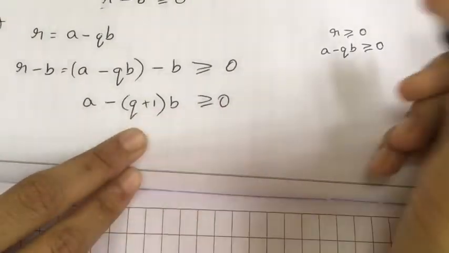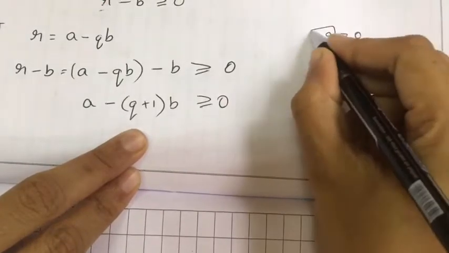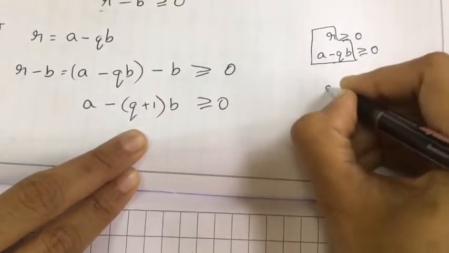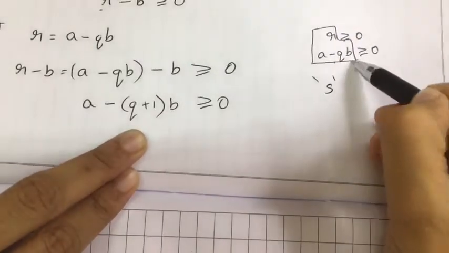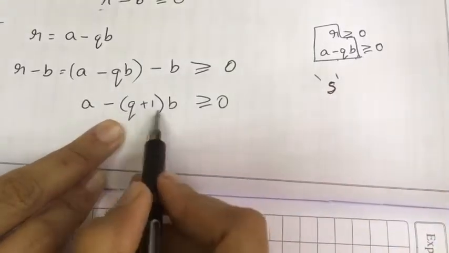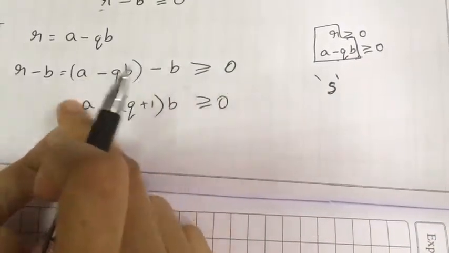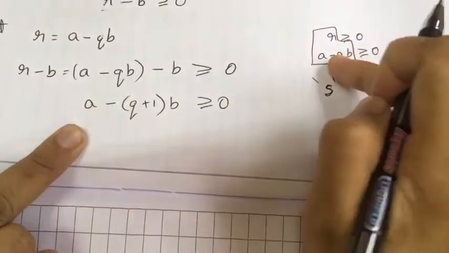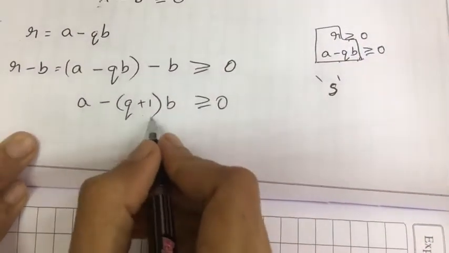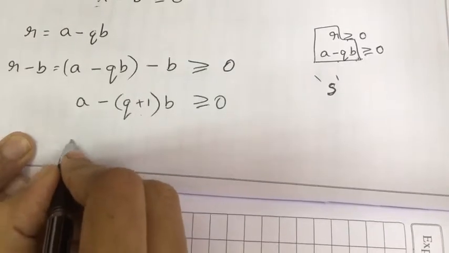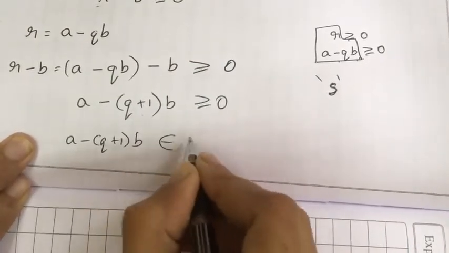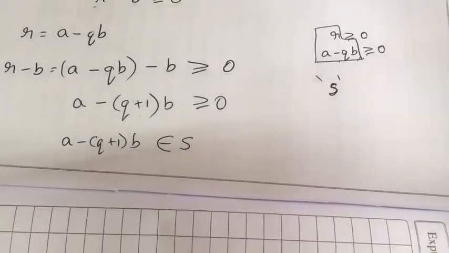But I know this R, A minus QB, is the least element in my set S, which is the least non-negative integer in my set S. When I get (Q plus 1)B, of course this is less than this, right? See, this implies A minus (Q plus 1) into B belongs to the set S, right?